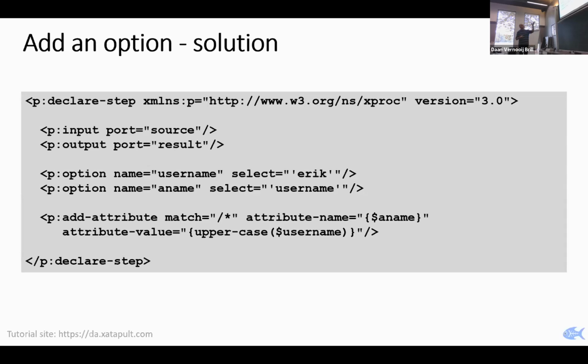So what you could actually do is add a second option, which is called name, and by default it's set to username, and then you also make the attribute name an attribute value template by referring to the option, which of course means that then you have to put in a valid attribute name as the value of name. Otherwise your pipeline will fail, but that's okay.